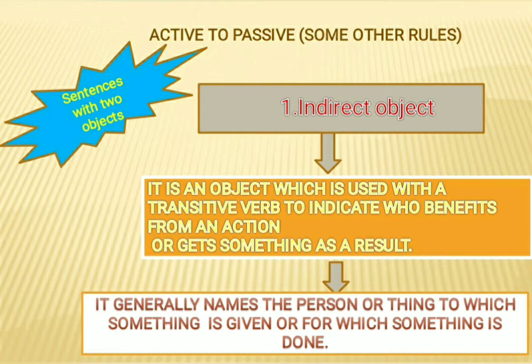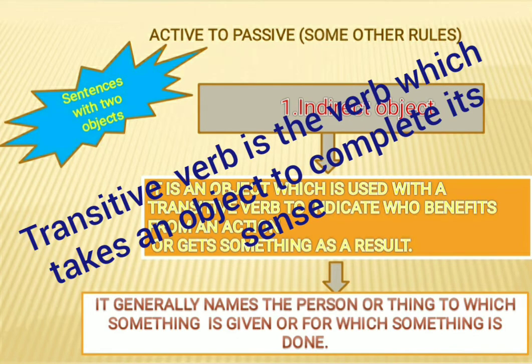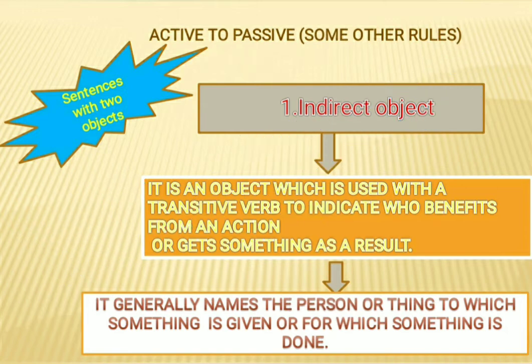Dear students, indirect object is the object which is used with a transitive verb to indicate who benefits from the action or gets something as a result. In simple language, I can say that it generally tells us the names of the persons or things to which something is given or for which something is done.